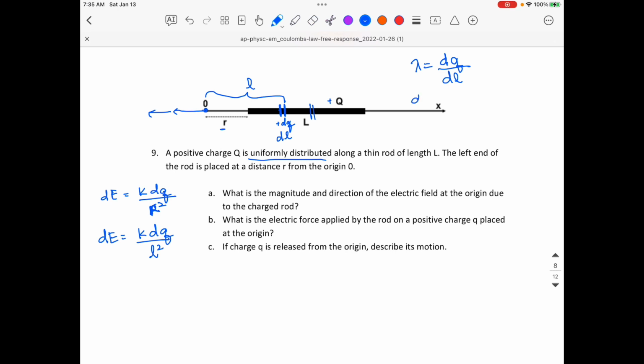And obviously we want to substitute for dQ, so dQ is lambda dL. So let's do that substitution.